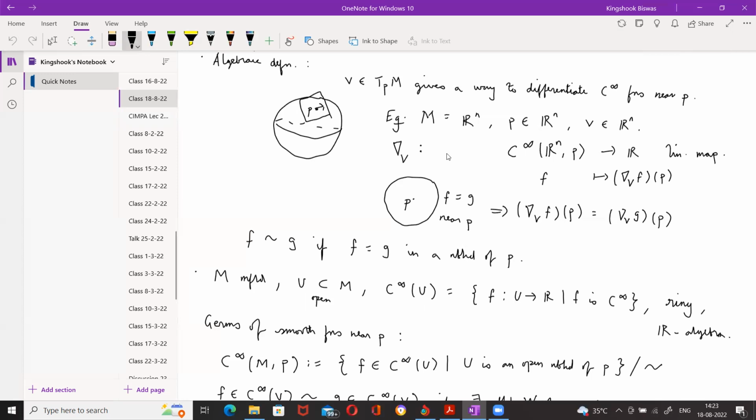This directional derivative is linear in F, but that doesn't tell us much.